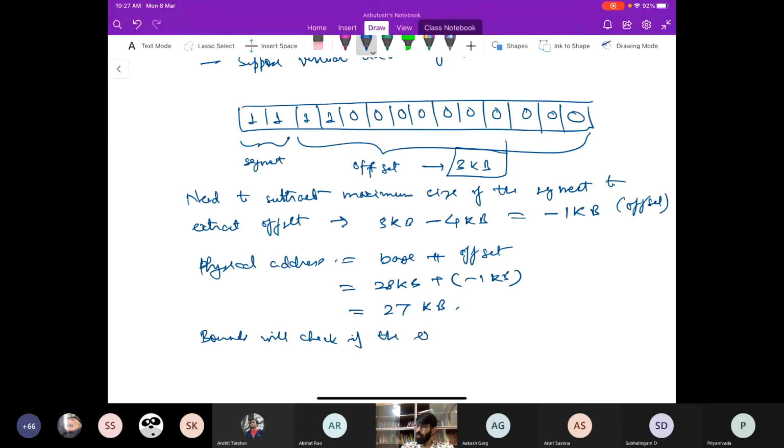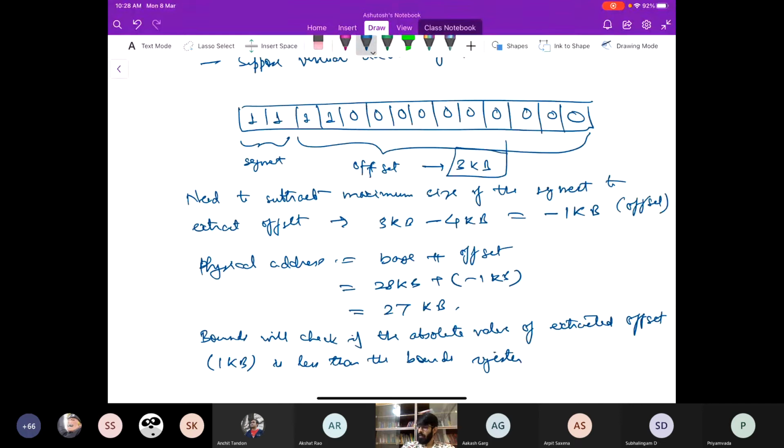If the absolute value of the extracted offset, which is 1KB in this case, is less than the bounds register, which is 2KB in this case, it will see it as a legal address, right?